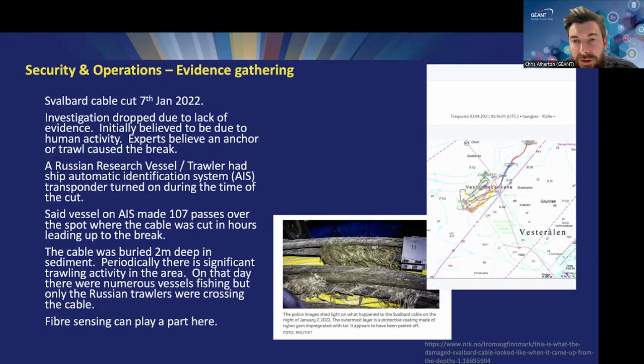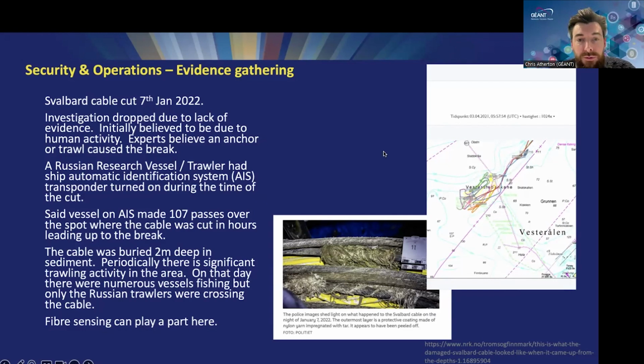But as things stand, there wasn't enough evidence to do that. We think, again, this is a potential area where cable sensing could really play a part with being able to gather evidence of impacts on the cable and feed that back to the authorities when they need it.